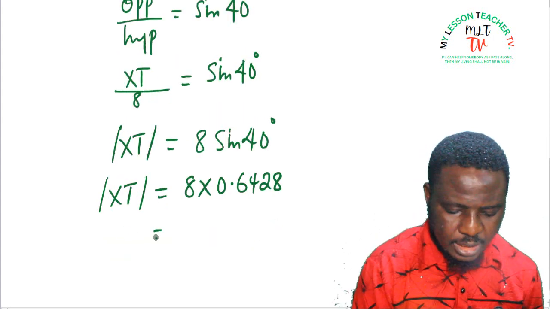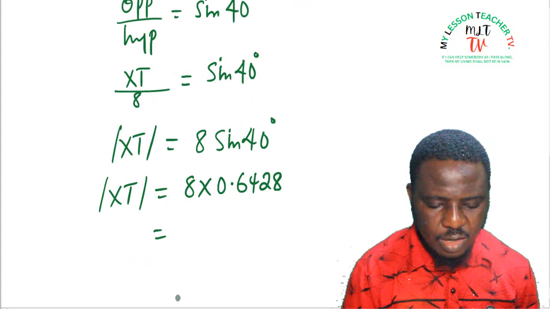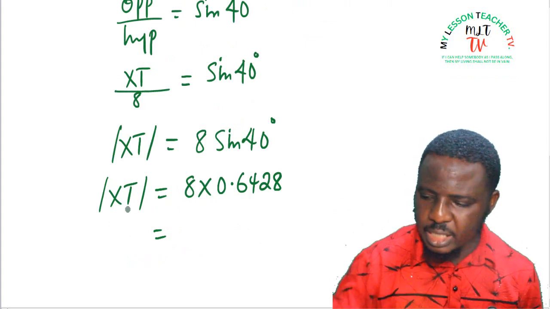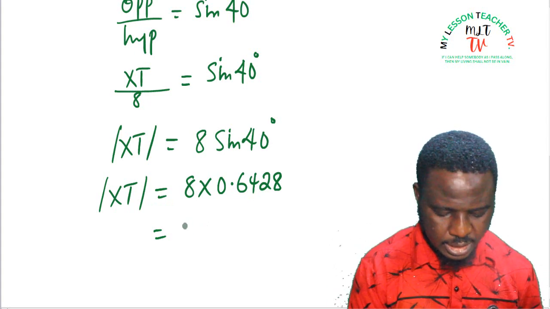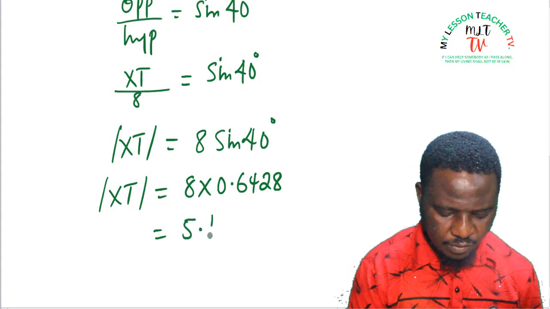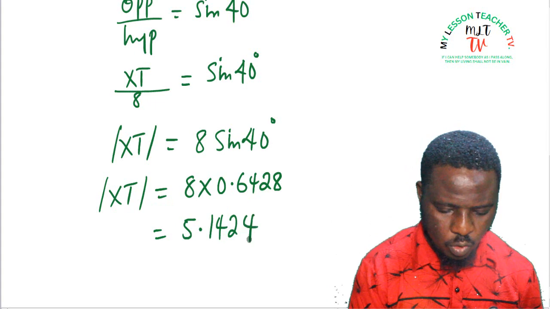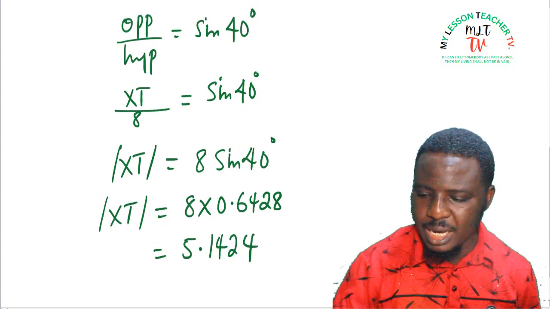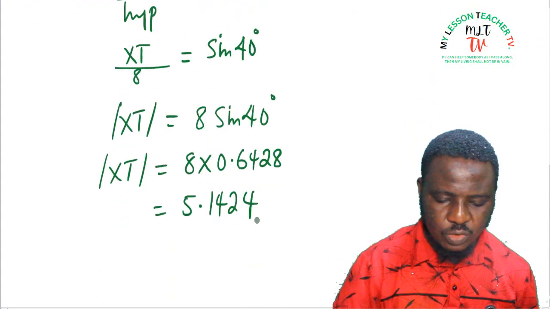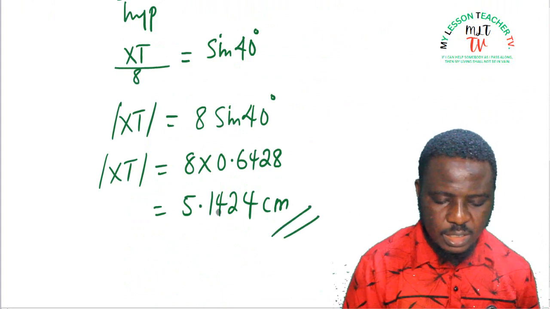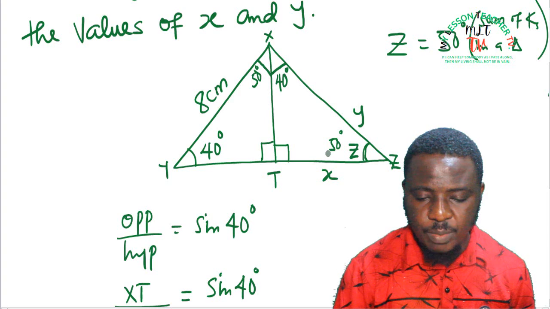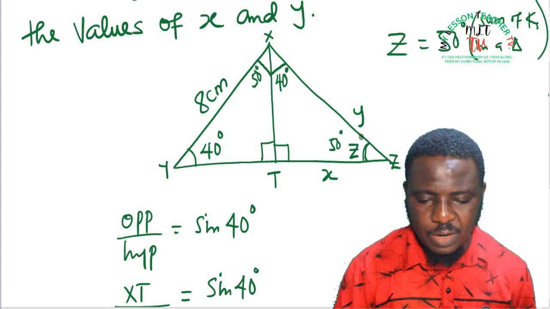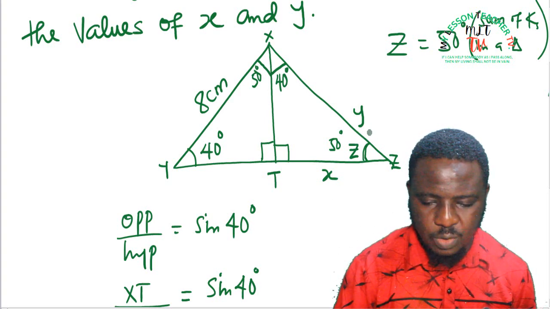Multiplying 0.6428 by 8 is equal to 5.1424. So our length xt is 5.1424 centimeters.